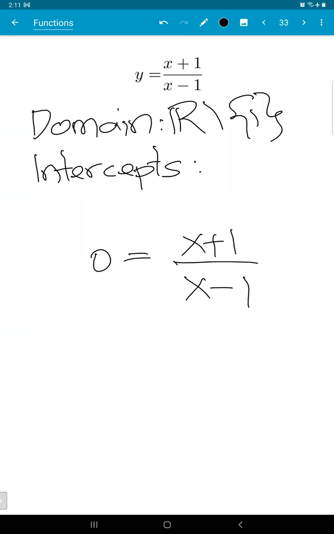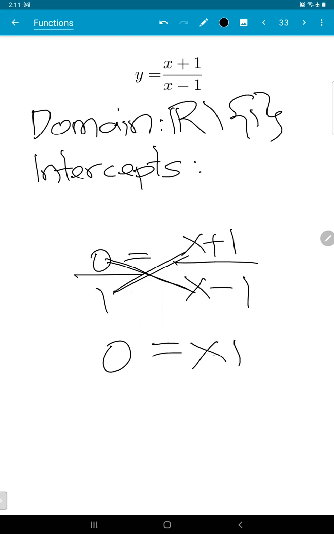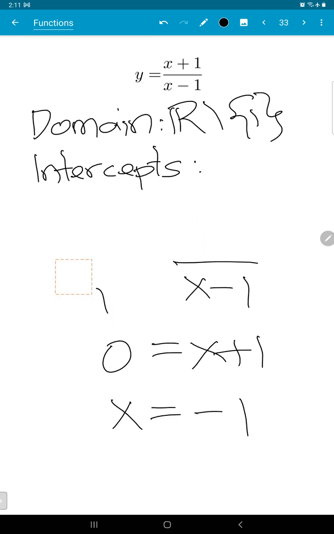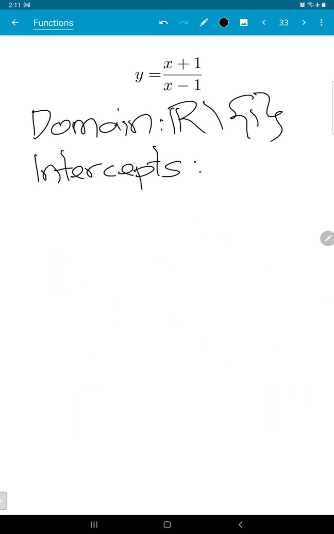You cannot divide by 0. So for this to be 0, it's the numerator that has to be 0. Or you can cross multiply and you get 0 times x minus 1, that's 0. x plus 1 times 1 is x plus 1, same thing. Numerator equals 0, so you get negative 1. And instead of writing x-intercept, then y-intercept, you can just write negative 1, 0.